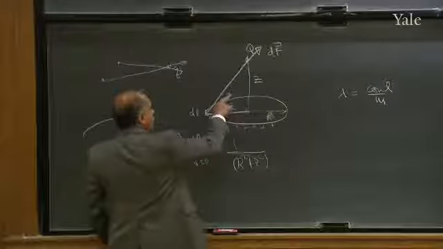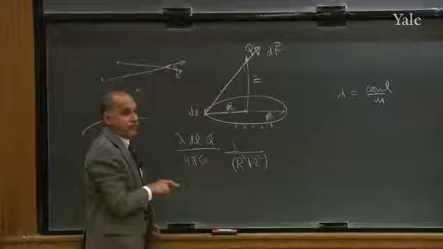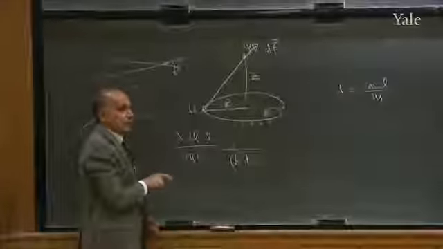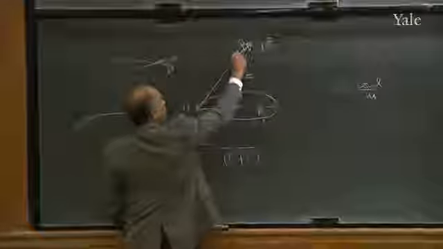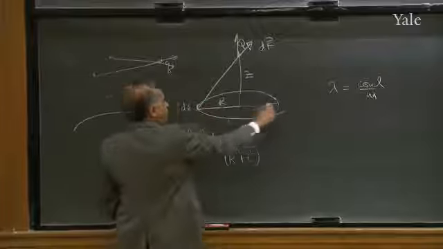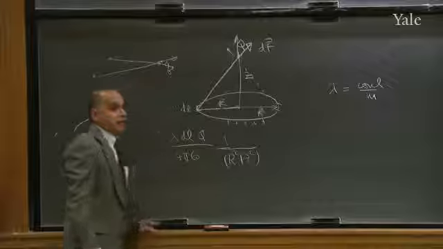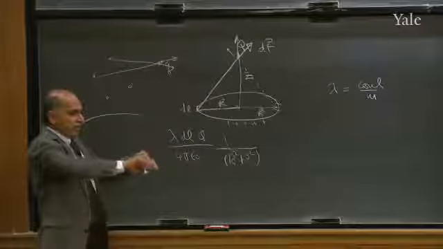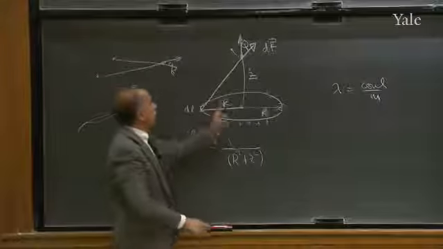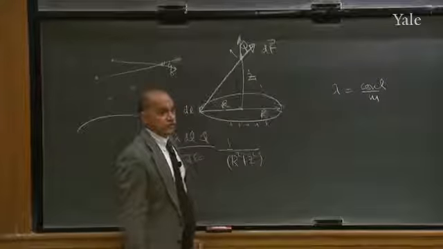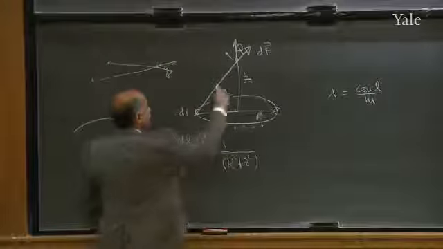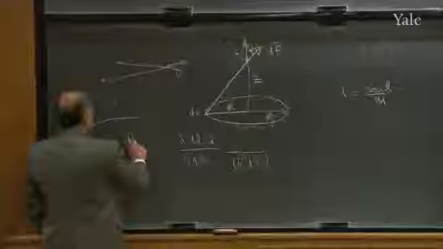But now that force is a vector, it's pointing in that direction. But I know that the total force is going to point in this direction, because for every guy I find on this side, I can find one in the opposite direction pointing that way. So they will always cancel horizontally. The only remaining force will be in the z direction. So I'm going to keep only the component of the force in the z direction.